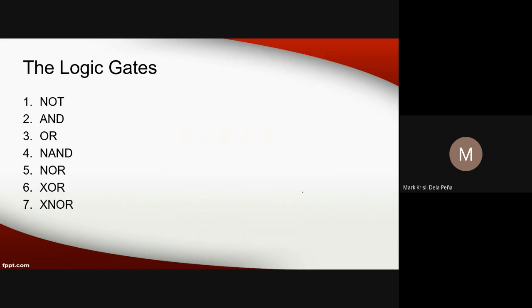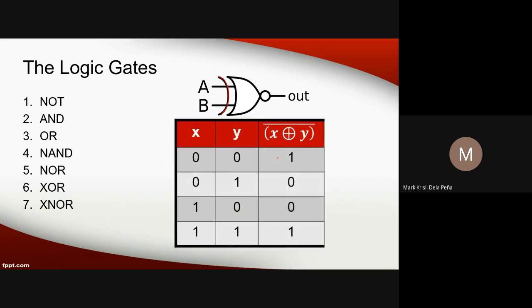Then the next is XNOR. It's just a NOR gate which has a curve here, or we can just say an XOR gate which has a bubble. So this is the behavior of an XNOR.